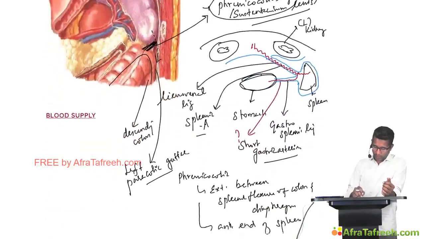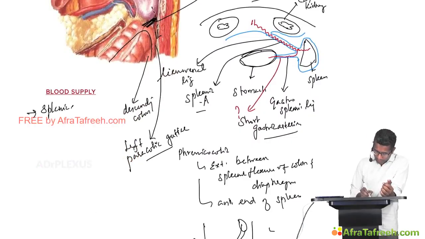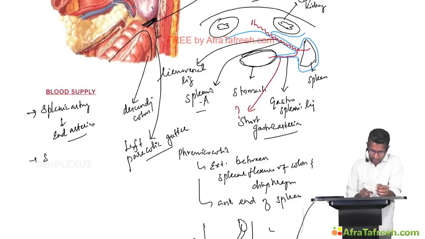Now what is the blood supply of the spleen? We know that the spleen is supplied mainly by the splenic artery, and the splenic arteries are usually end arteries. The vein which is draining the spleen is the splenic vein.